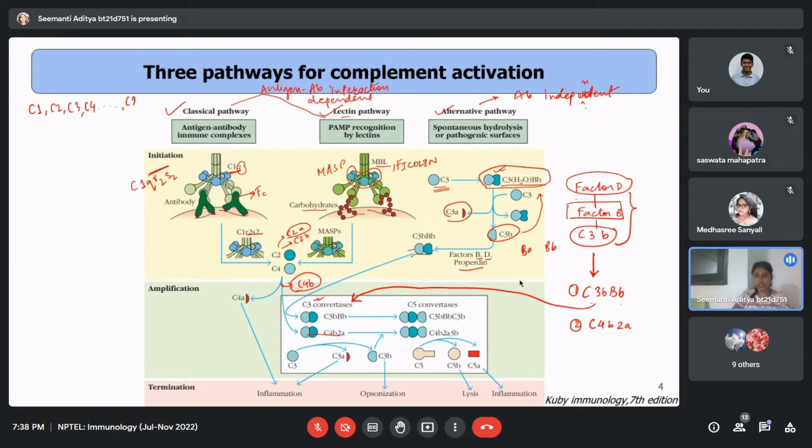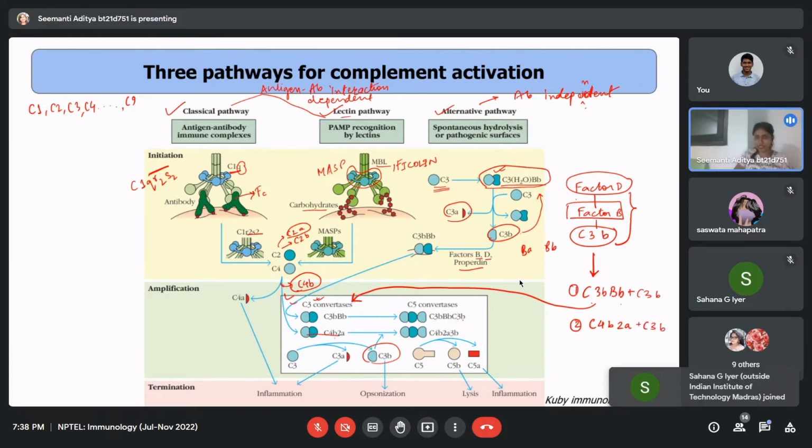So your C3 convertase proteins get activated, and they cleave C3 into C3a and C3b, of which this C3b will go and bind to the already existing complex of C3bBb to form C3bBb3b. This complex has C4b2a, and again a C3b will add over here. So here C3b is added, here also one C3b is added.